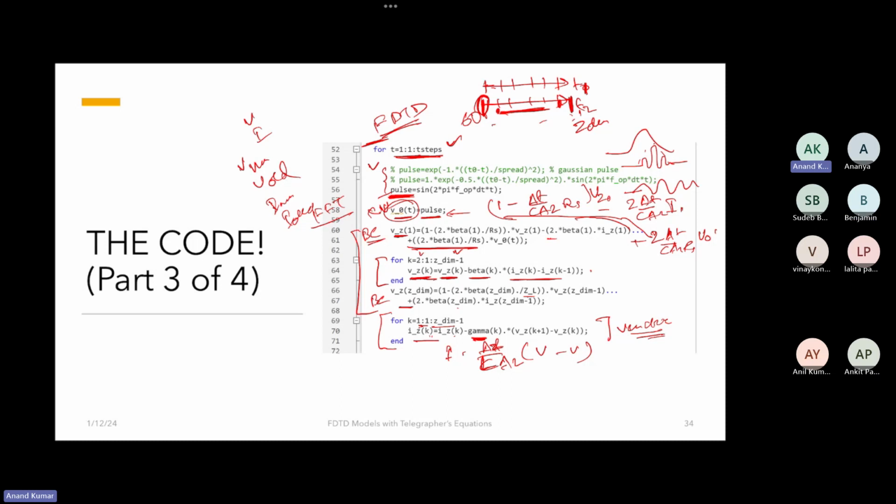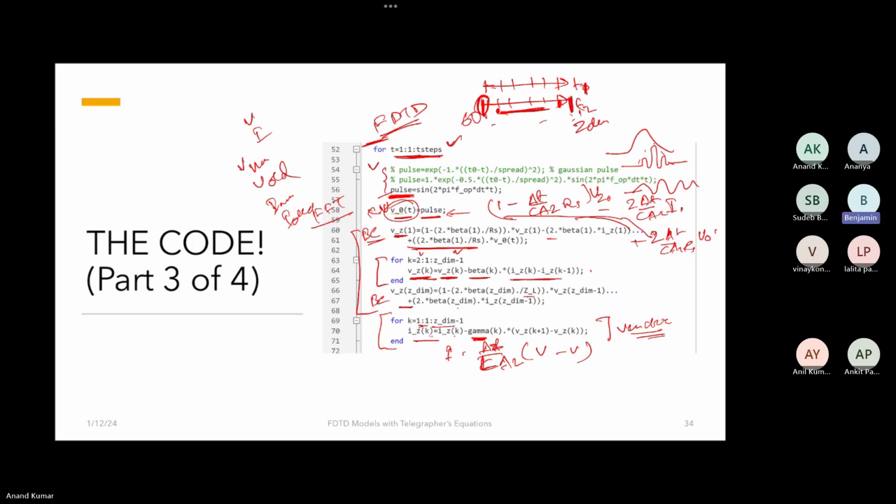Yes, exactly that. You can just write one line and it will be evaluated at once. You can also vectorize this. I think there are some texts where it has been done, but it's easier to understand in this fashion how each node is being updated.